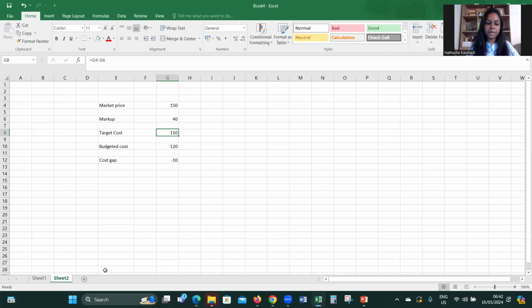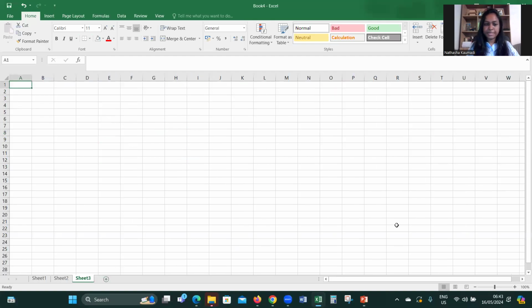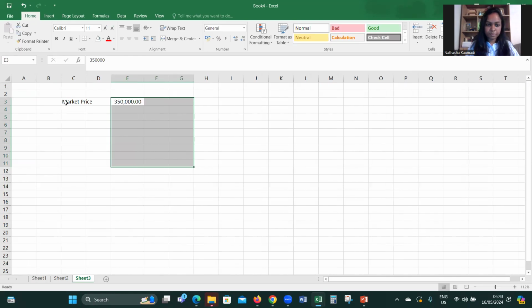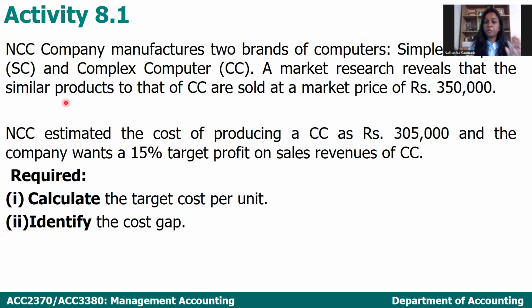Similar products in the market to CC, the market price is 350 rupees. That is the market price.